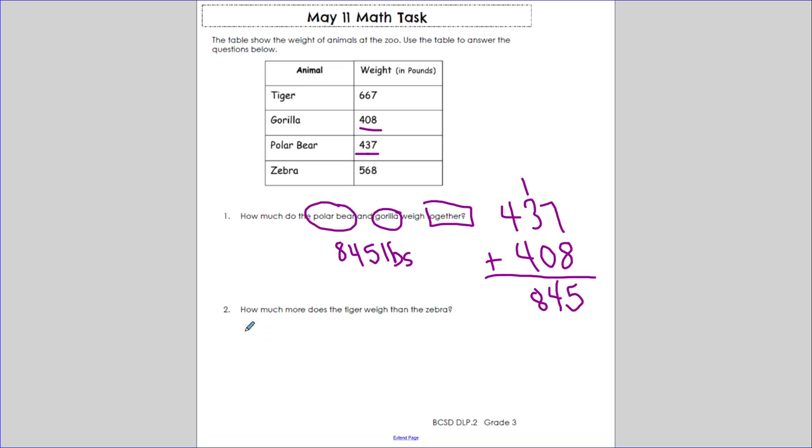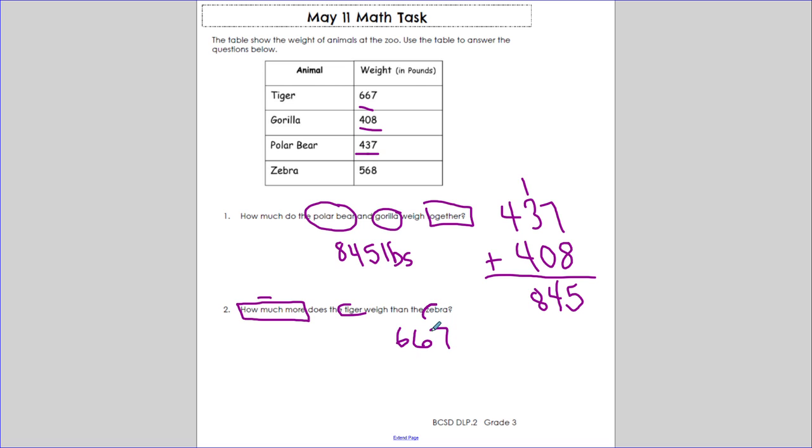Okay. How much more does the tiger weigh than the zebra? Okay, so how much more? That means I'm looking for a difference. That means I'm subtracting. I'm going to look at the tiger, which is 667 pounds. 667.